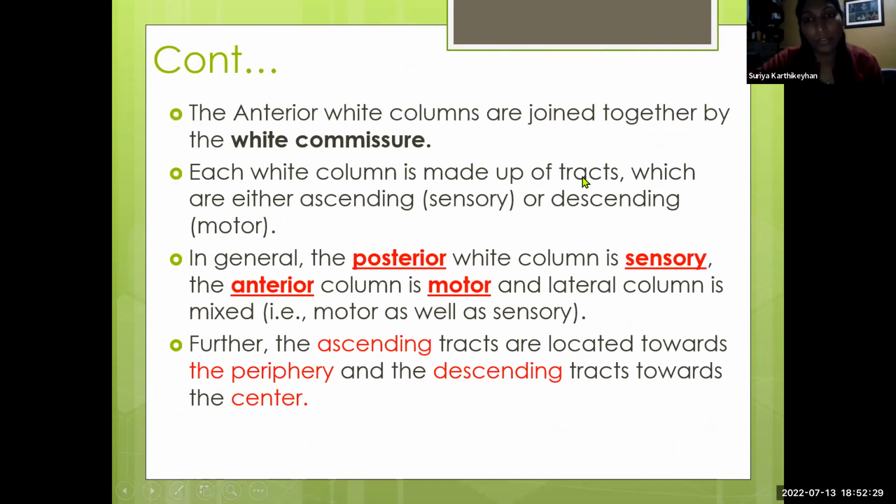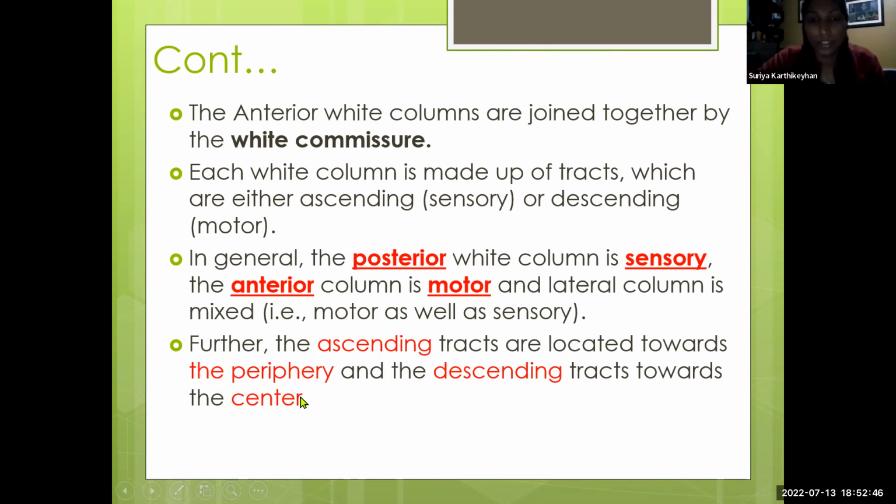Each white column is made up of tracts, which are either ascending tracts or descending tracts. In general, the posterior white column is sensory, the anterior column is motor, and the lateral column is mixed, that is motor as well as sensory. Further, the ascending tracts are located towards the periphery.